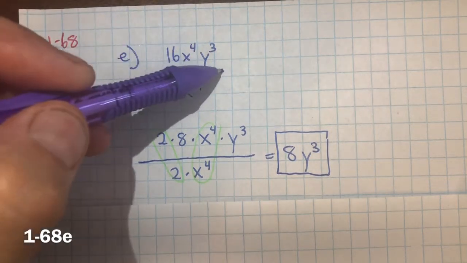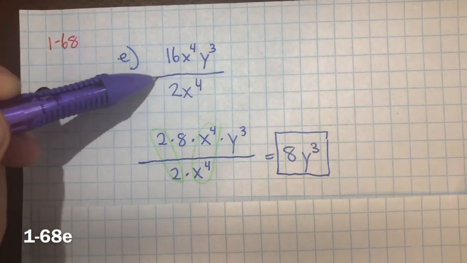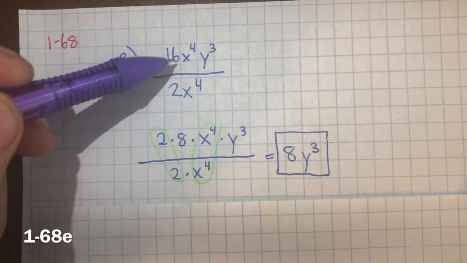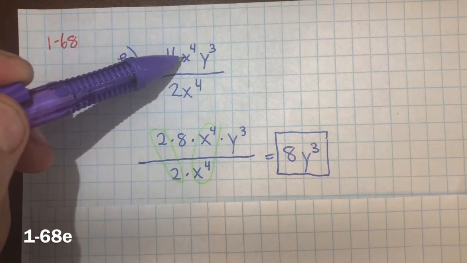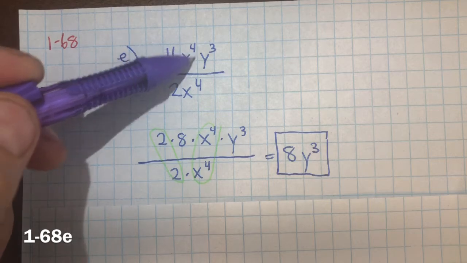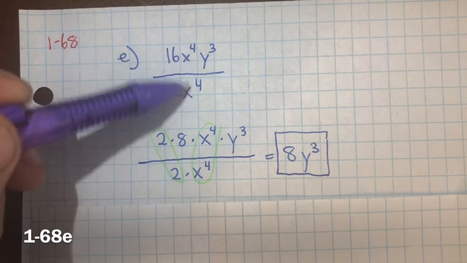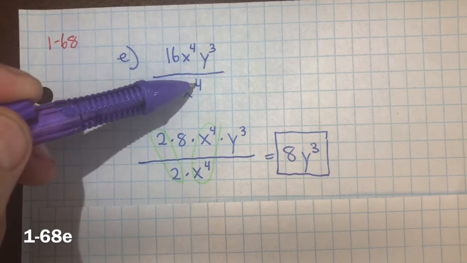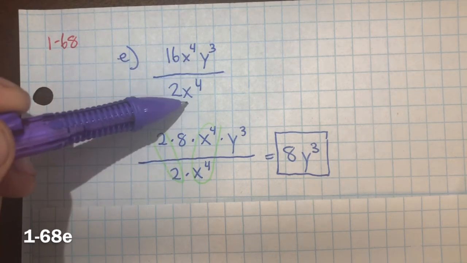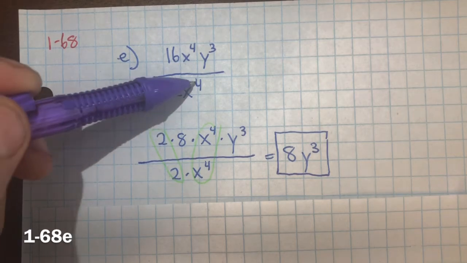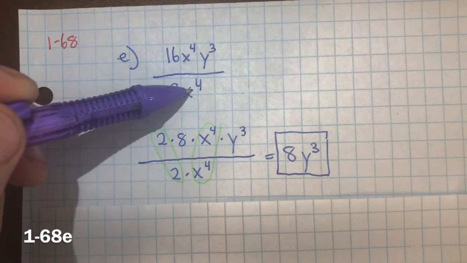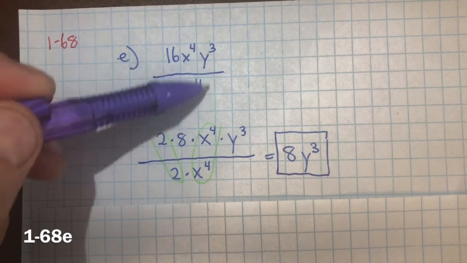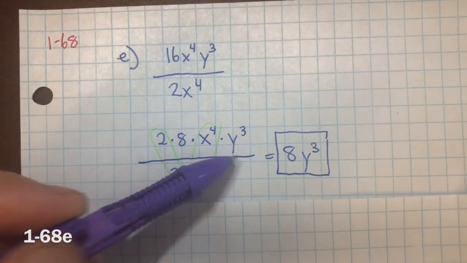The other, remember in a previous problem I said treat this like a big subtraction sign. So when you're dividing like terms, integer exponents with the same base, keep the base and you subtract. 4 minus 4 is 0. So those x to the 0 power, anything to the 0 power is 1. And then here we have y to the 3rd, and there's nothing to subtract, so we're left with y to the 3rd.